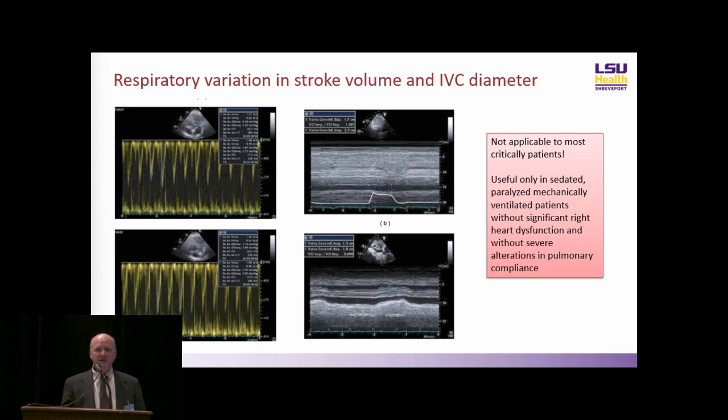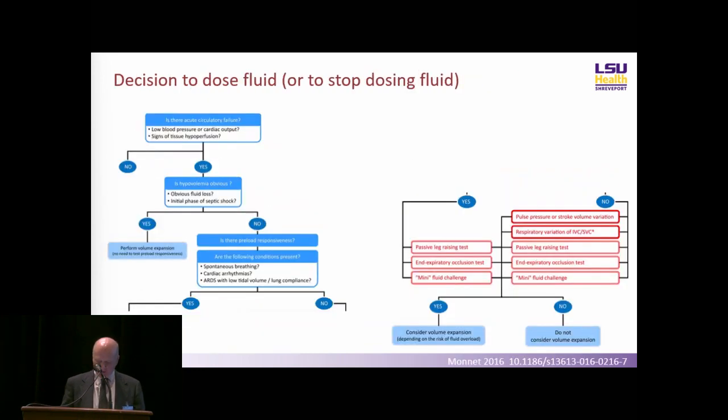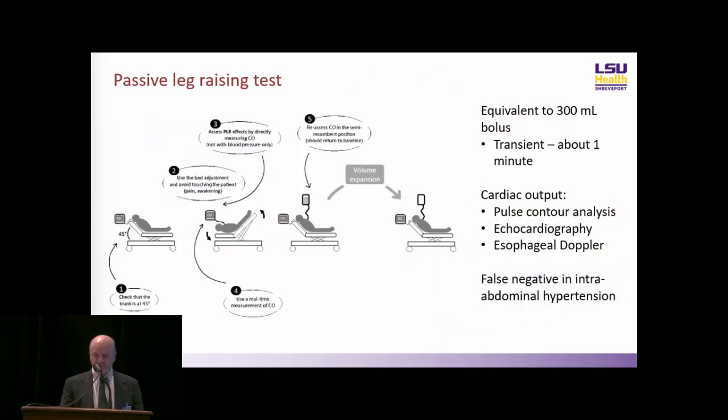IVC diameter. These are valid, but they're not valid in the majority of our ICU patients. So we toss those out the window. What do we have left? What we have left are these two. The passive leg raising test. Moving a patient from a position with the head up and the feet flat to head down and feet up provides an immediate bolus of about 300 cc's of fluid.